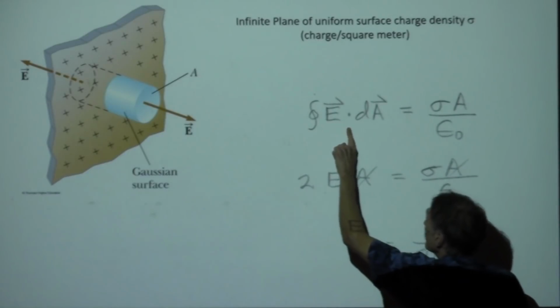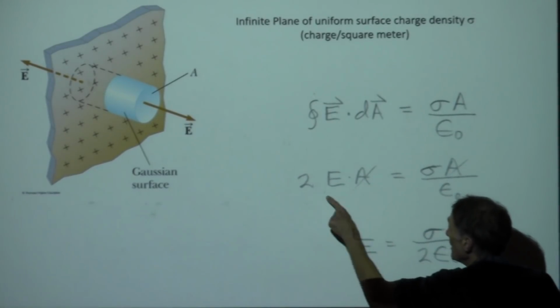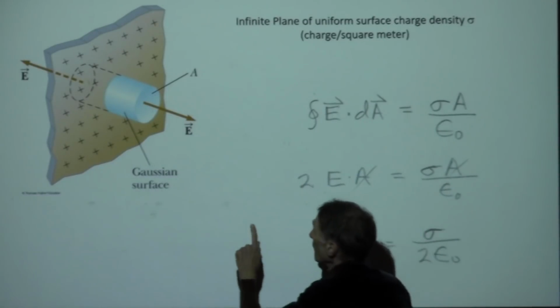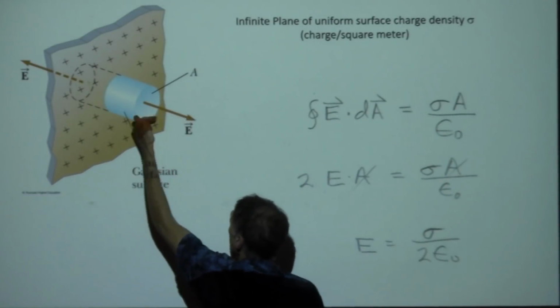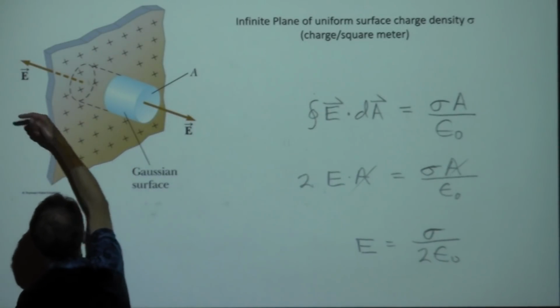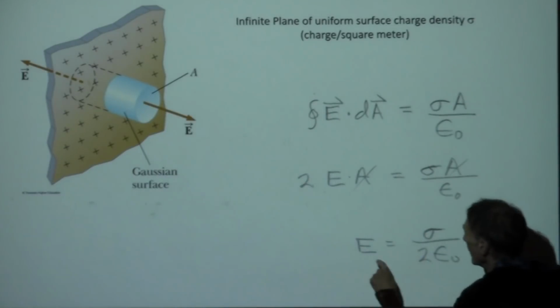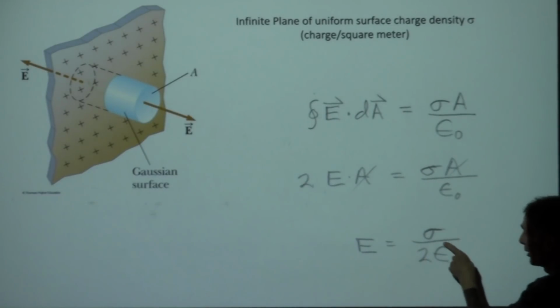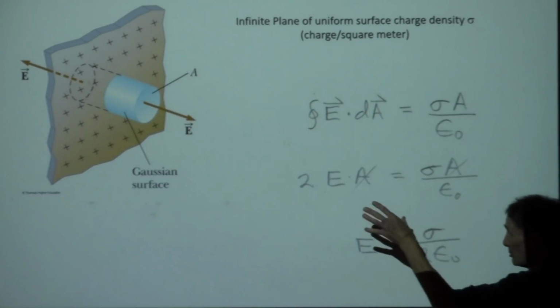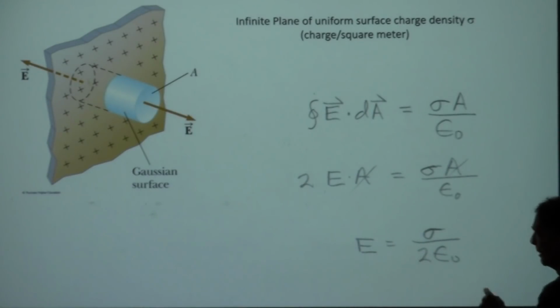The E can come out, again, E dot dA is just going to simplify to E times the area. But we do have two of them. We have a flux going out this way, E times this area, as well as this flux with the electric field going that way. And so we end up with sigma, the charge per unit area, charge per square meter of this material, all over 2 epsilon naught.